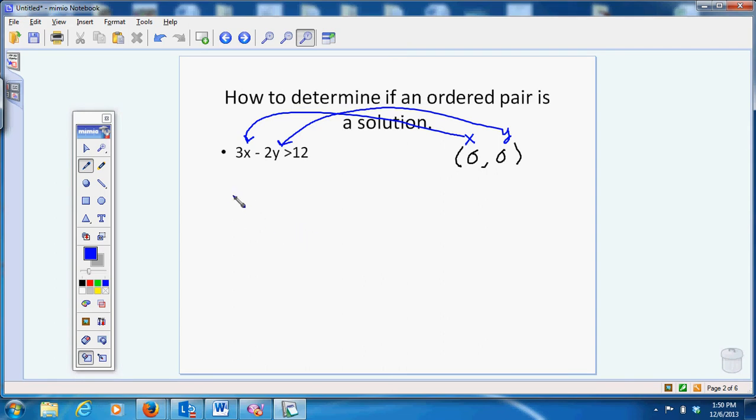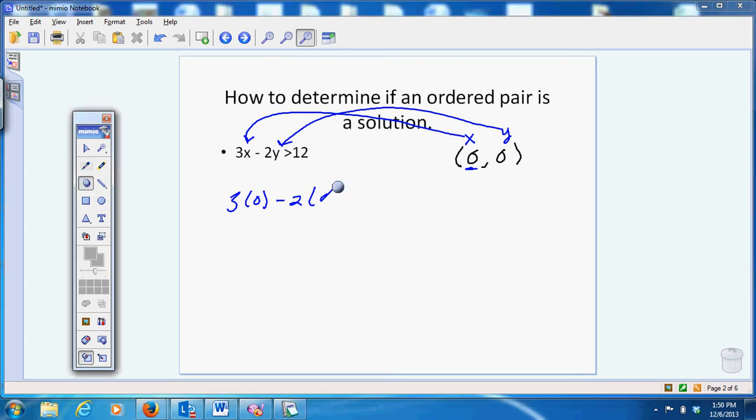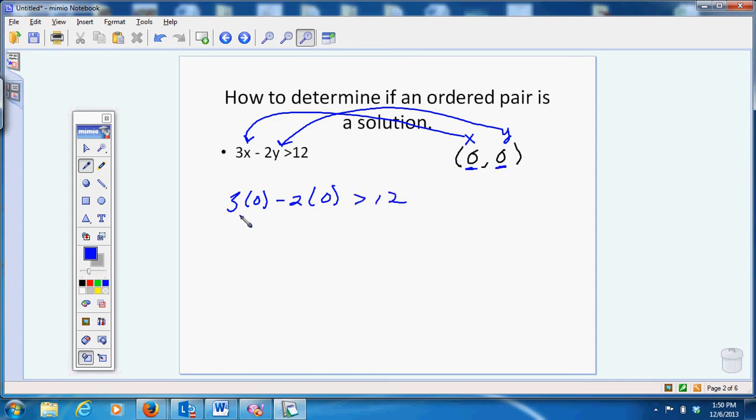Let's give it a shot. 3 times x, which is 0 in this case, minus 2 times y, which is also 0 in this case, is greater than 12. Let's simplify. 3 times 0 is 0, minus 2 times 0 is 0, so 0 minus 0 is 0. Is 0 greater than 12? And the answer is no. That's not a true statement.